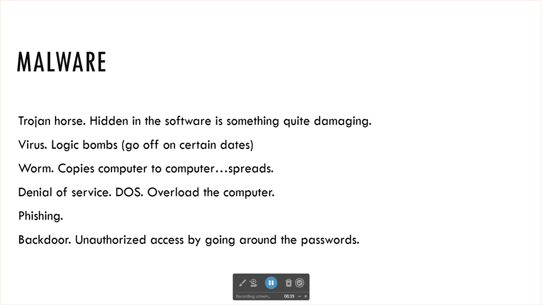And this malware, then, the Trojan horse, you can have software that your company has, maybe the company purchases software. There's something in there that does something it shouldn't be doing. So it's hidden inside.